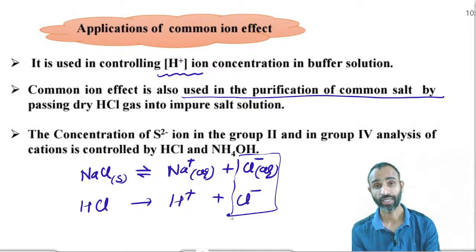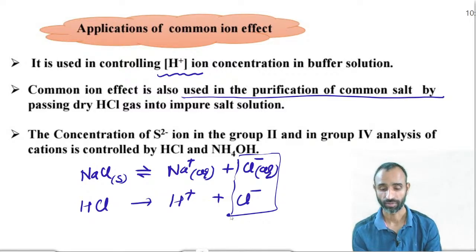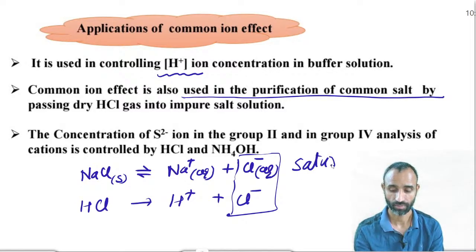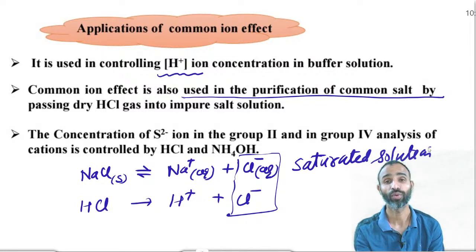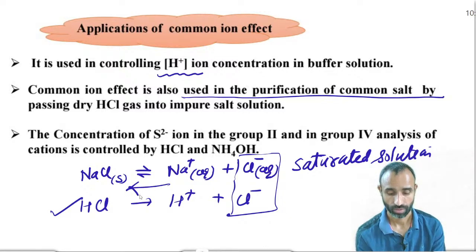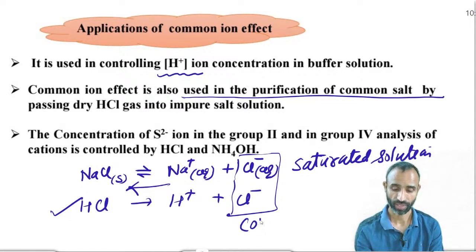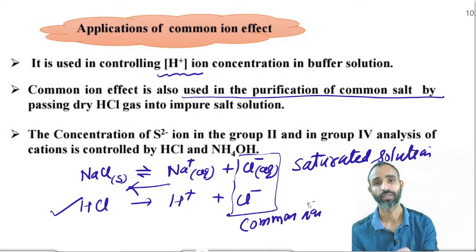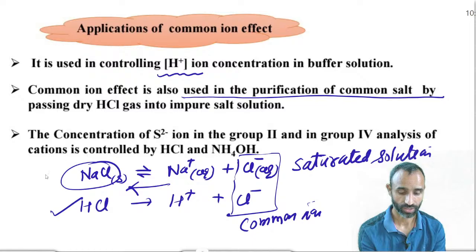NaCl is a strong electrolyte, but when it is in saturated solution, then insoluble NaCl is in equilibrium with soluble NaCl, because here we are making a saturated solution along with impurities. So when HCl is passed through it, this equilibrium shifts backward due to common ion effect, and that's why we get pure NaCl.